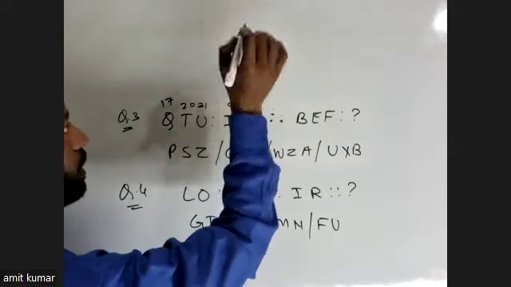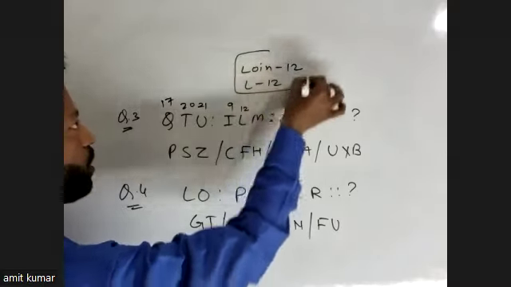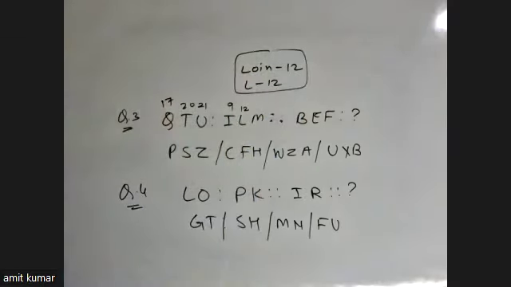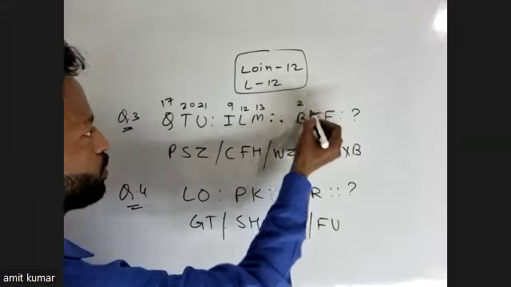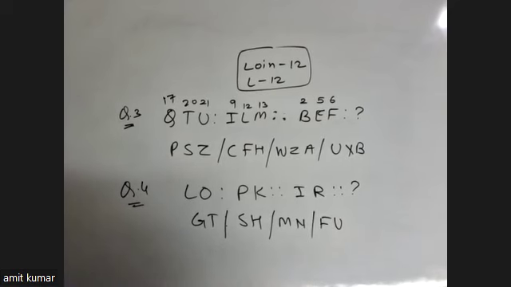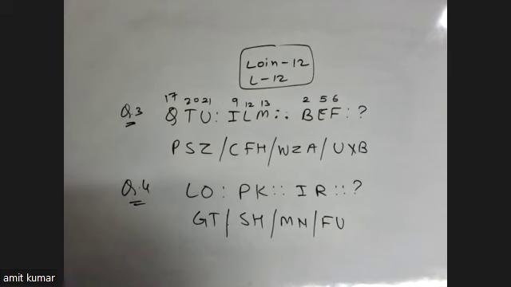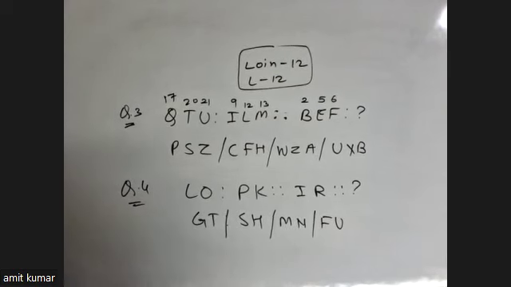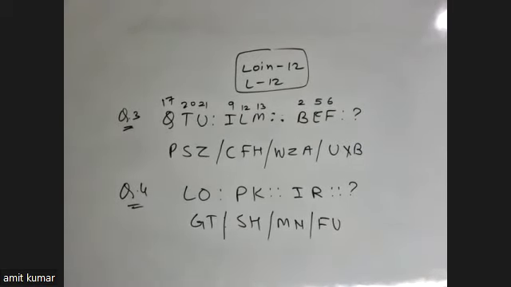Yes, L was left out, beta. What was L? Looking at the lion, it struck 12. L was left, L is 12. Looking at the lion, it struck 12. M 13. B 2, E 5, F 6. Now what is the relation? Third question.